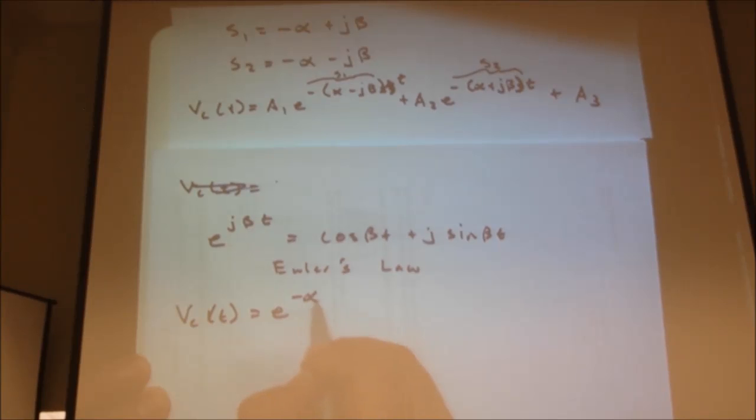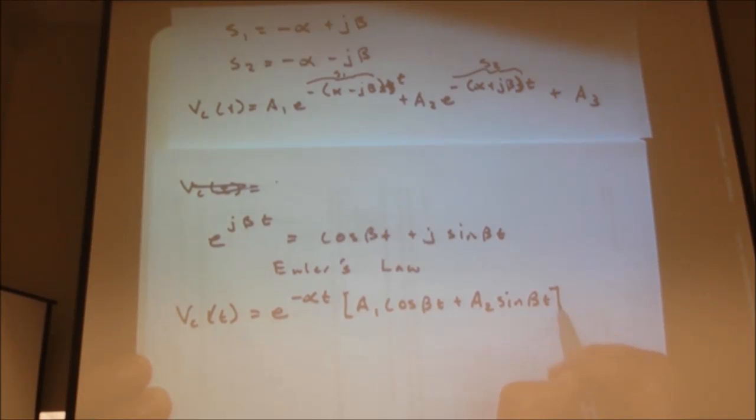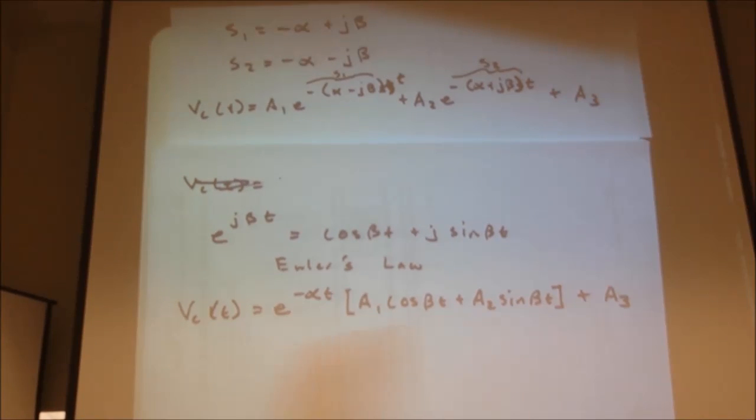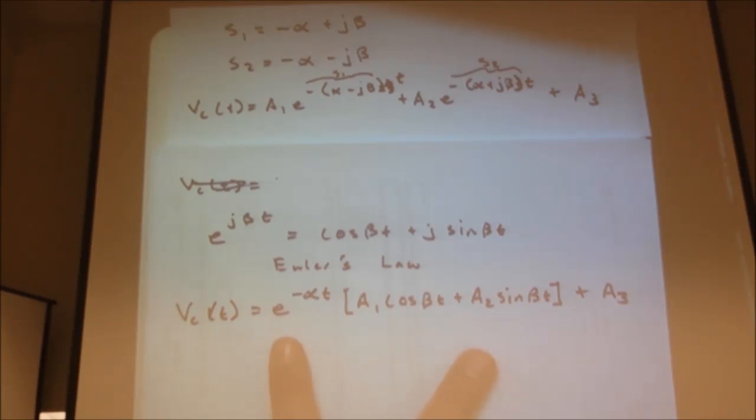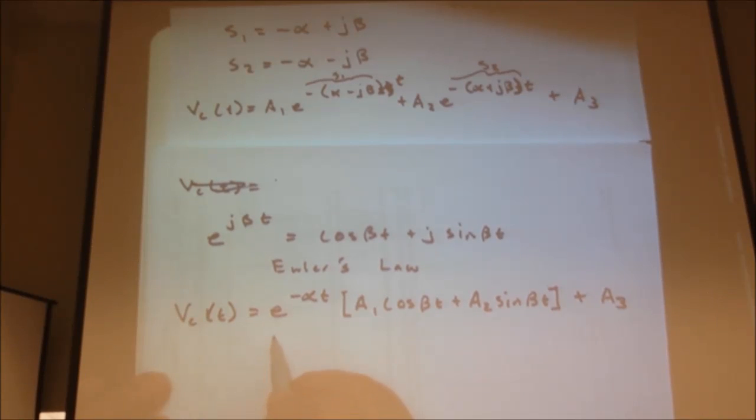e to the minus alpha t, A1 cosine beta t plus A2 sine beta t plus A3. What do we have here? We have exponentially decaying sinusoids with a DC term, of course. So that particular solution is off by itself, as it should be. Here's our homogeneous solution once again.